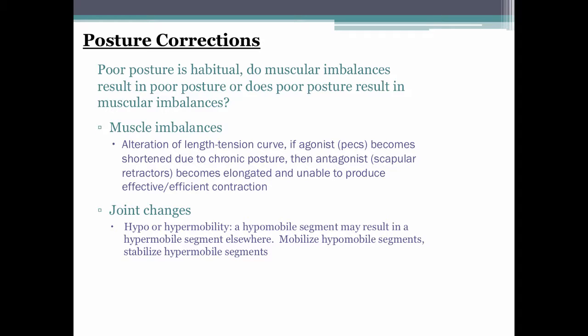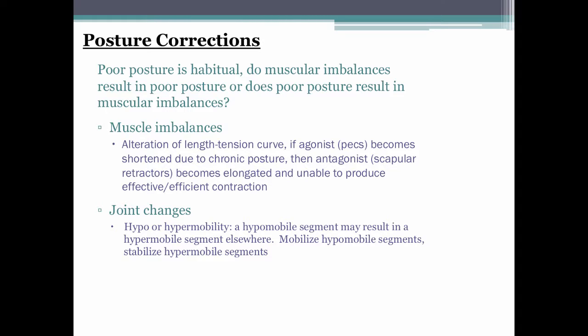We also get joint changes, so we can have hypo- or hypermobility. Like I was talking about earlier with some of our athletes having a loss of thoracic extension, they become hypomobile in those segments, and as a result they become hypermobile in their lower lumbar segments.